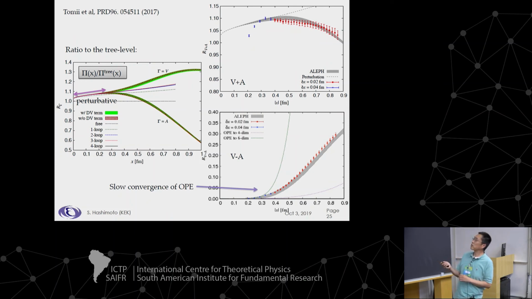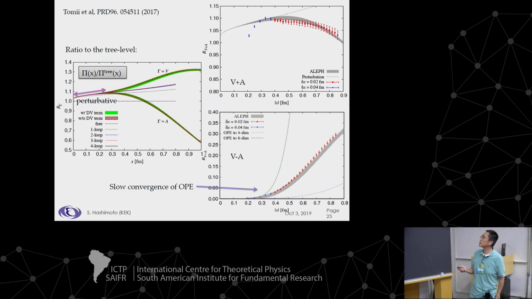On the bottom, I plot the V minus A. Here, the perturbative contribution simply cancels out. So everything is non-perturbative. And again, the lattice data are shown there, together with the reconstructed curve from the experimental data, that is the band there. And you can also plot the expectation from the operator product expansion.